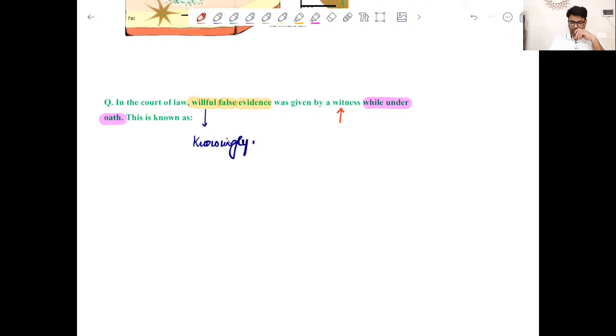But when it comes to producing evidence, he starts saying something wrong, which is motivated by some other reason. So there is willful utterance of falsehood, and this is nothing except perjury, right?